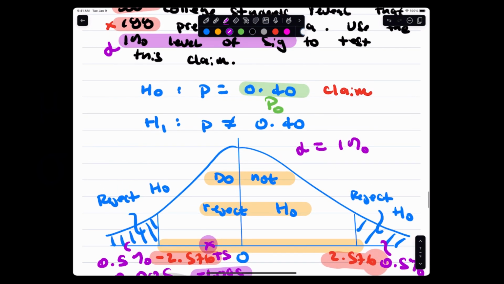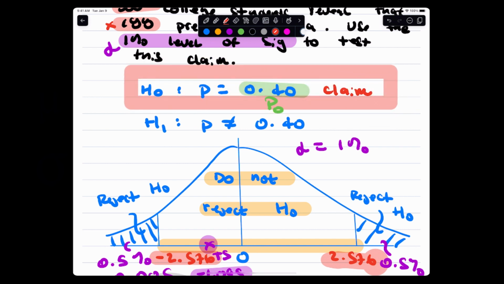So what does it mean not to reject? If I said to you, you see the null, don't reject it, it means you're accepting it. The alternate is really gone. So when they say do not reject the null, that means accept the null, because not rejecting is accepting. You okay with that? But what does that mean about your claim? Your claim happens to be the null, so what do you think the conclusion is going to be?